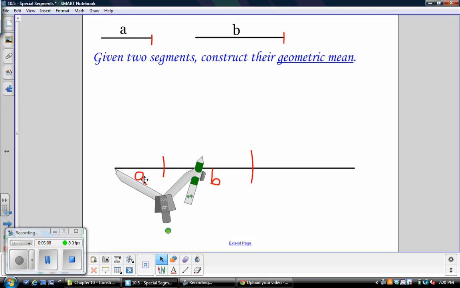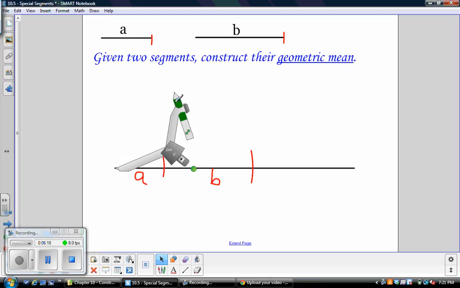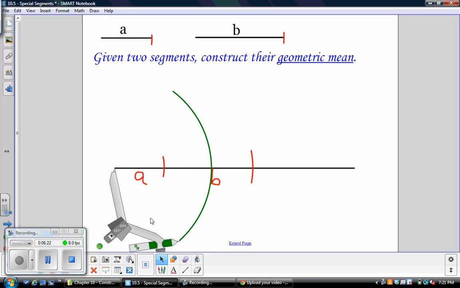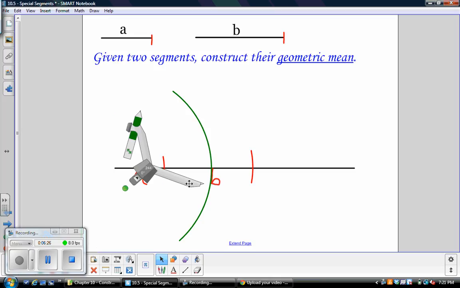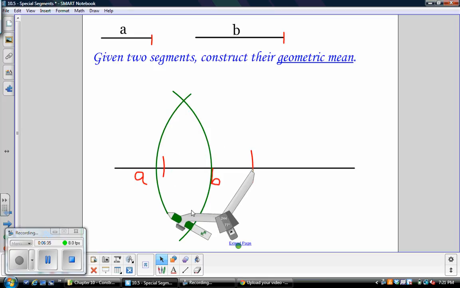Set your compass for more than half. Hopefully that's more than half. I'm going to rotate up and down. I'm going to flip it around. Bring my compass over here. Same setting. Up and down.